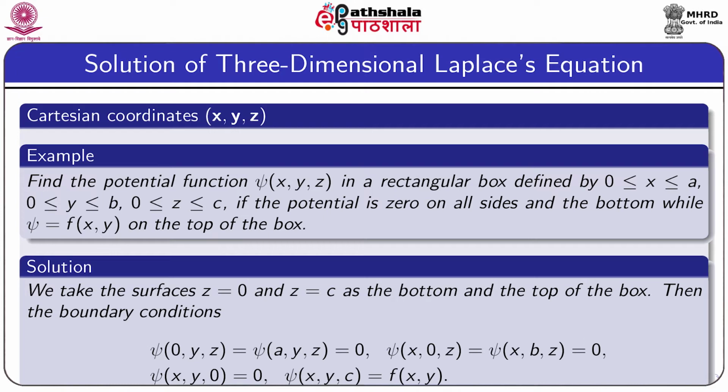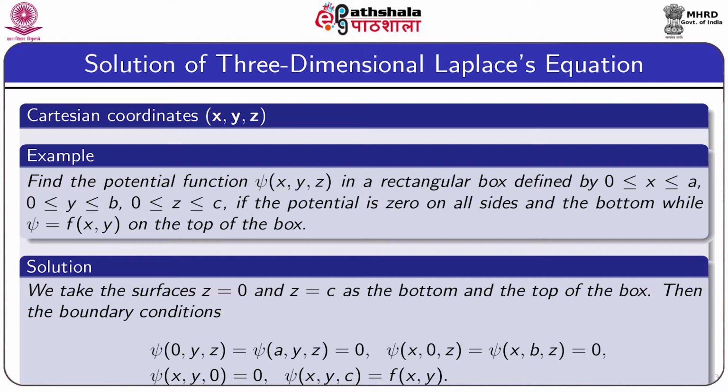So, you think about a rectangular parallelepiped where all the bounds of the parallelepiped are kept at 0 temperature except the plate z equals c. So, we can write the boundary condition like this.